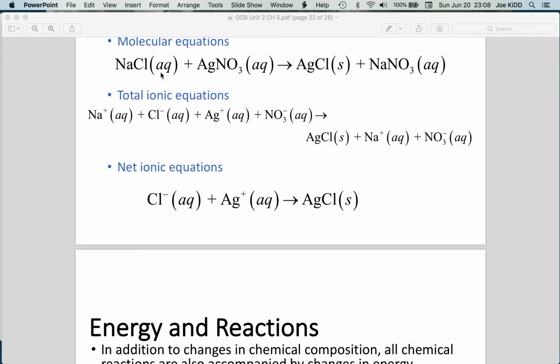So the molecular equation is kind of like the shorthand. It's a secret language, and it's a secret that you know, that I know, that when I see an ionic compound with a state of matter that's AQ, what's really happening is it's existing as the Na plus and the Cl minus. We don't actually have them bound together because they're hanging out and being broken apart by the water.